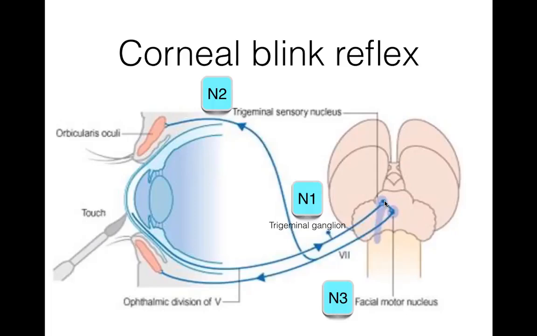Now, it synapses within the trigeminal sensory nucleus that ultimately will send out fibers that will synapse with the facial motor nucleus. So the facial motor nucleus, as we have discussed previously, now forms cranial nerve number 7, the facial nerve, which ultimately activates the orbicularis oculi, resulting in the blinking of the eye whenever we touch the cornea.